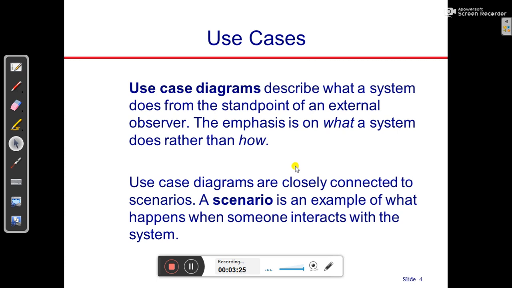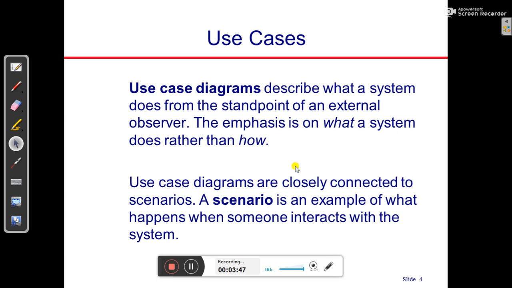You need to describe what the system will do, with the emphasis on what a system does rather than how. So using the use case diagram, we are not describing how the system will work, but what it will do. Use case diagrams are closely connected to scenarios.